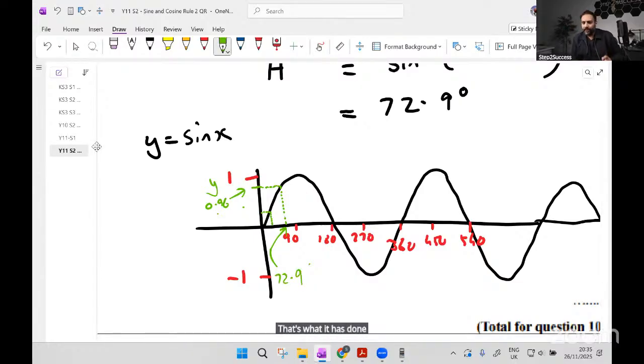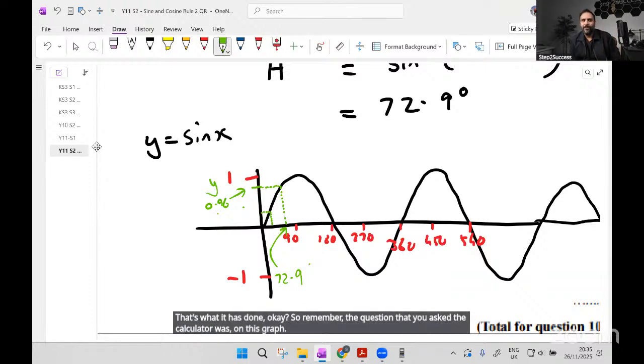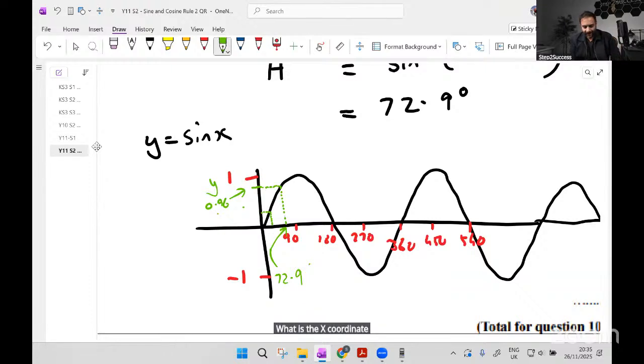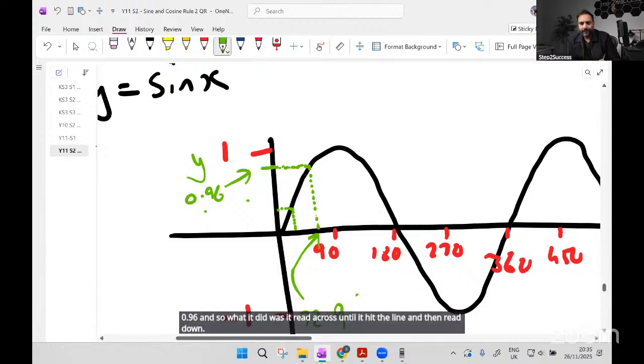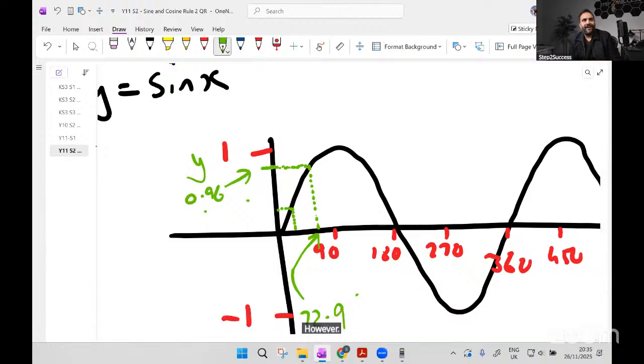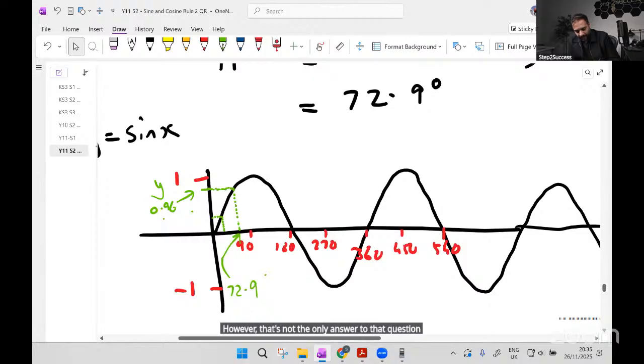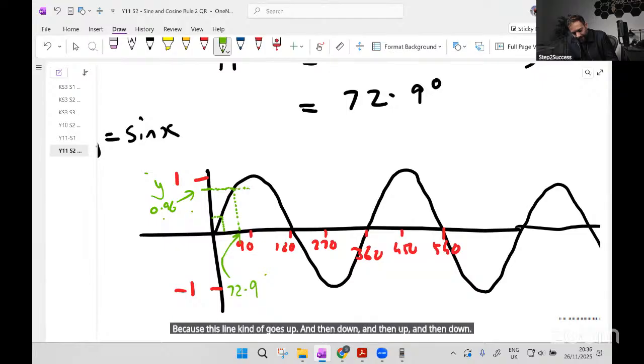Remember, the question you asked the calculator was, on this graph, what is the x coordinate when the y coordinate is 0.96? It read across until it hit the line and then read down. However, that's not the only answer, because this line goes up and then down and then up and then down, so there's another answer here as well.